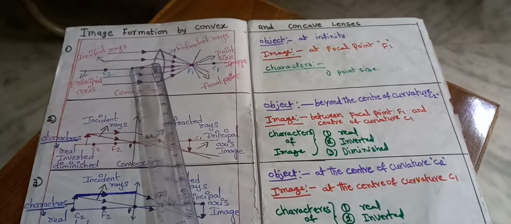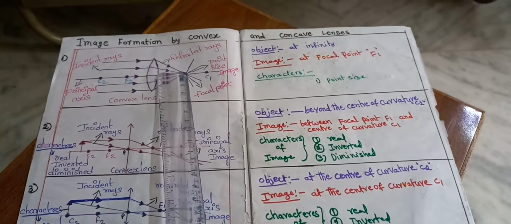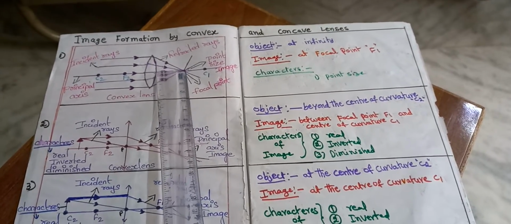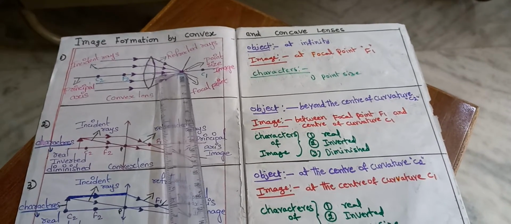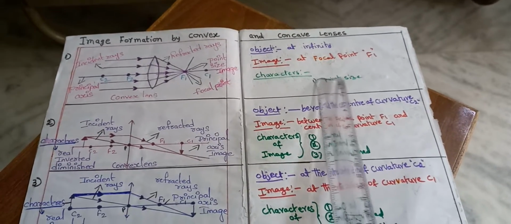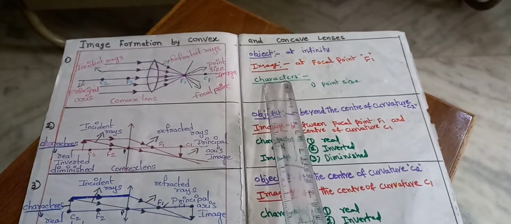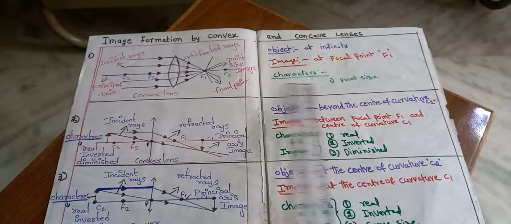After refraction, the refracted rays converge to the focal point. In this focal point, the image is formed. So the image is a point-sized image. It is a very small image. So the character of the image is a point-sized image formed here.